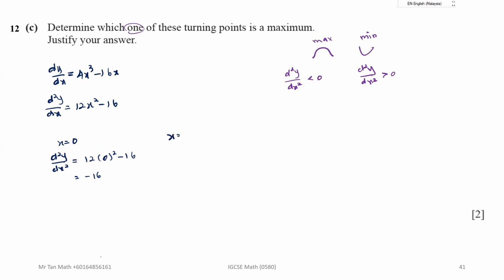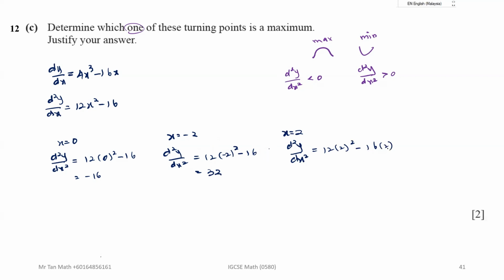Okay, then x equals negative 2. So your second derivative is equal to 12 times negative 2 squared minus 16. We will get 32. Oops, should be x equals 2. So second derivative equals 12 times 2 squared minus 16.